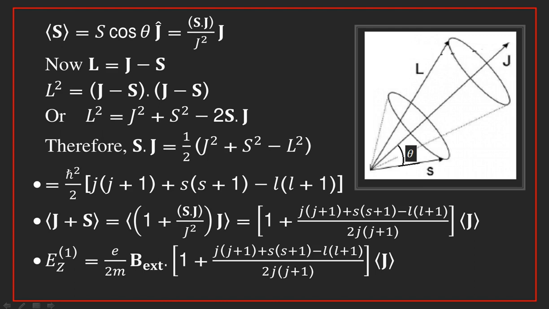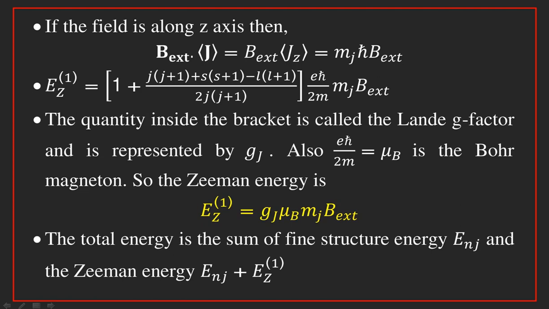Therefore the energy correction becomes e by 2m, B external dot this term, that is 1 plus J into J plus 1 plus S into S plus 1 minus L into L plus 1 by 2 J into J plus 1, times the expectation value of the total angular momentum. Now we have to take the dot product between B external and the total angular momentum J. For that, the magnetic field, as usual, acts along the z axis.